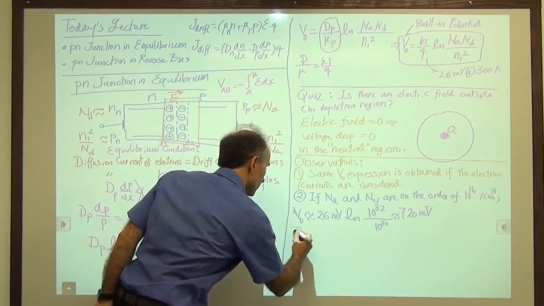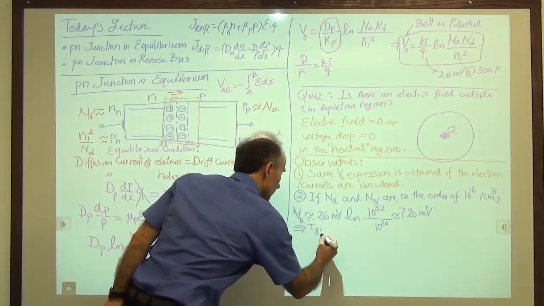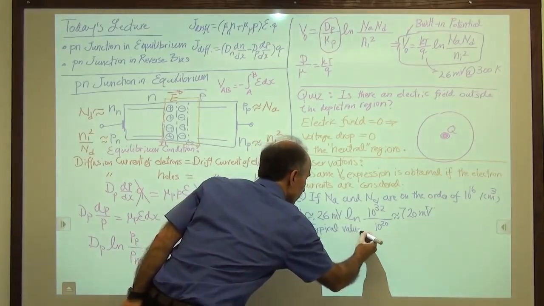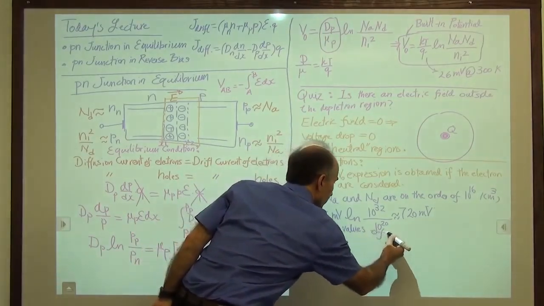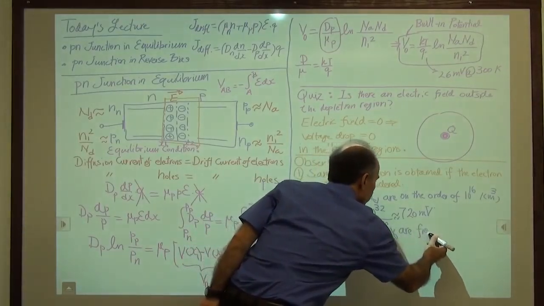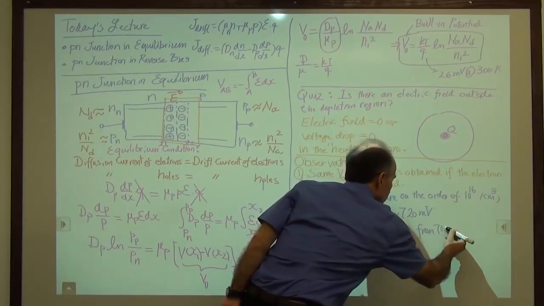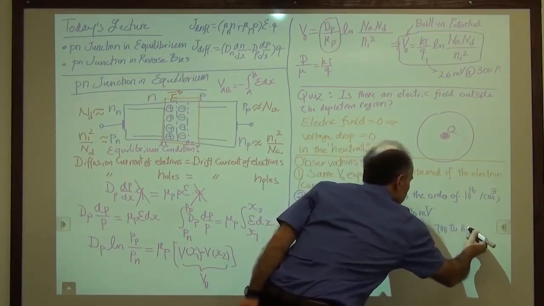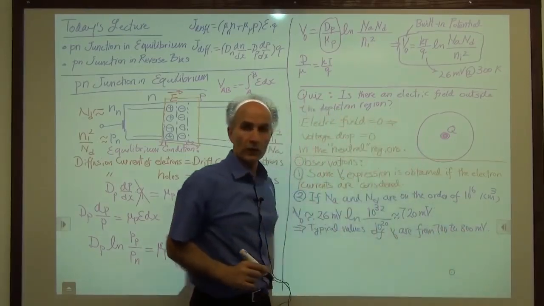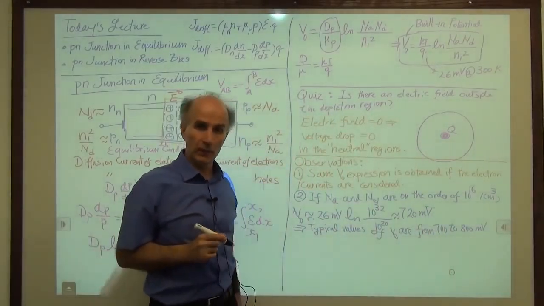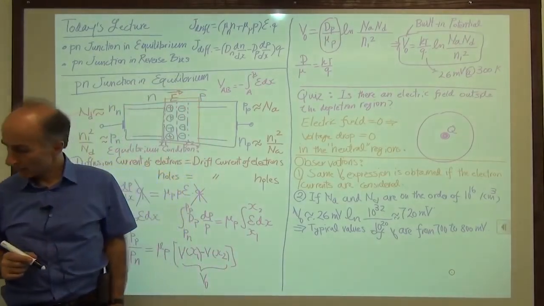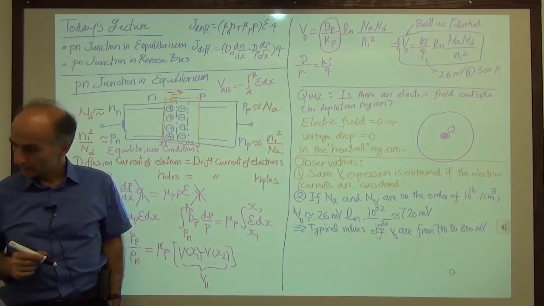So we say typical values of V0 are from 700 to 800 millivolts. Okay, just as a rough number to keep in mind. Very well. The next observation is as follows.